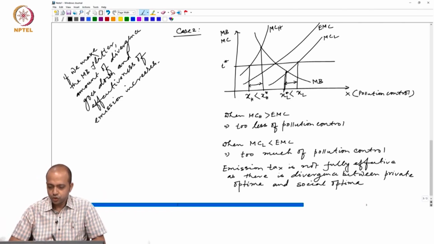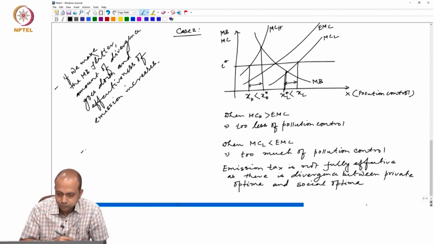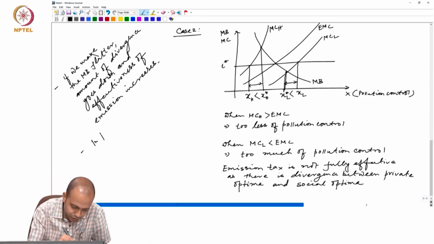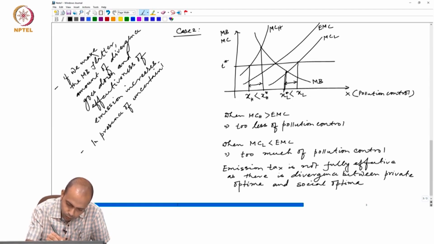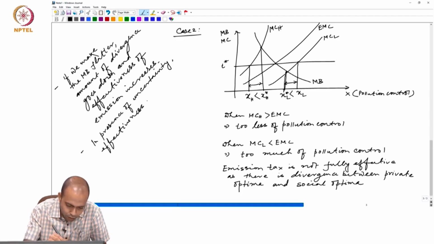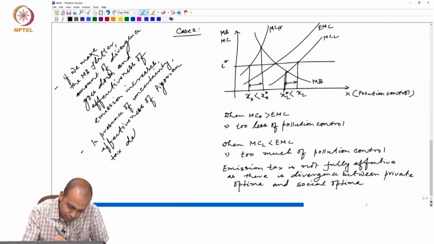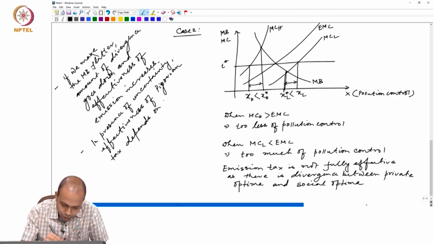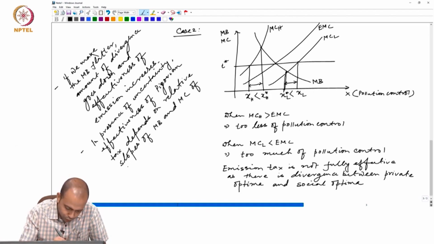So, from here one thing is clear: in the presence of uncertainty, the effectiveness of the Pigouvian tax depends on the relative slopes of MB and MC of pollution control.